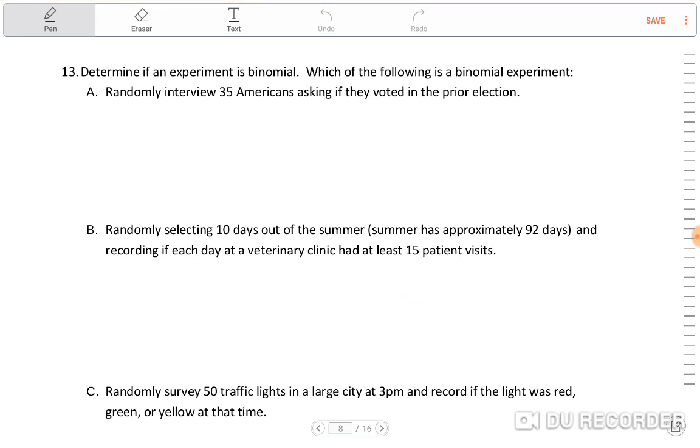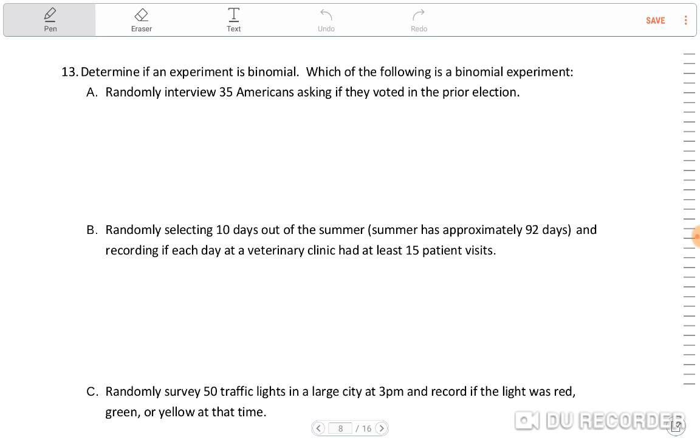Number 13. This is a question about binomial experiments. So we have to go through our 4 requirements to see if something is binomial.